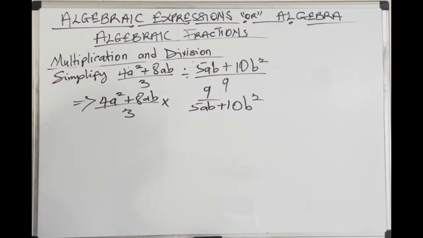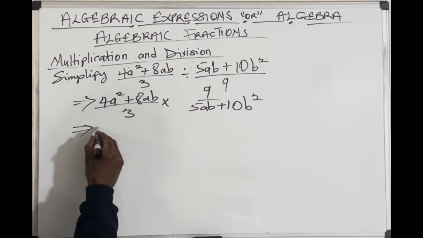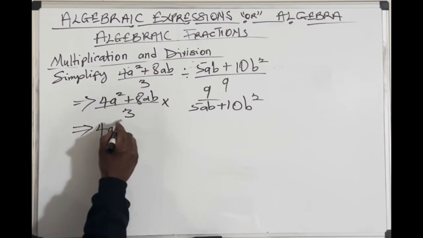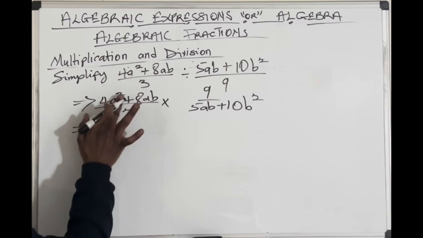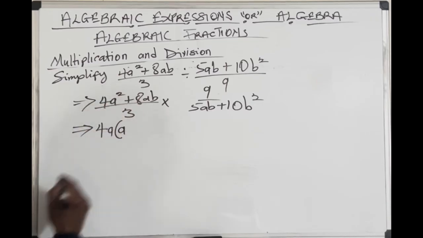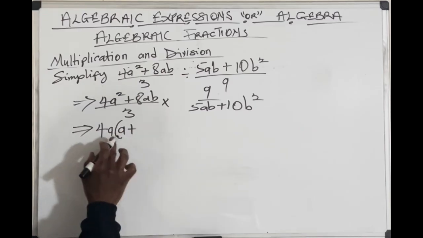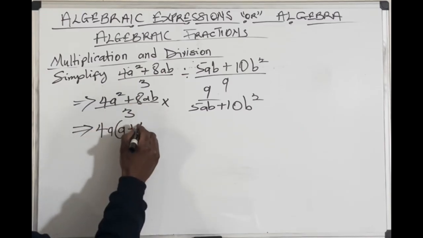I hope you remember factorization. If we don't, please comment and I'll go over that. Okay, factorization. 4a will come out, a squared, 1a is out, so the left a will be in, plus 4 times 2 will give us 8.